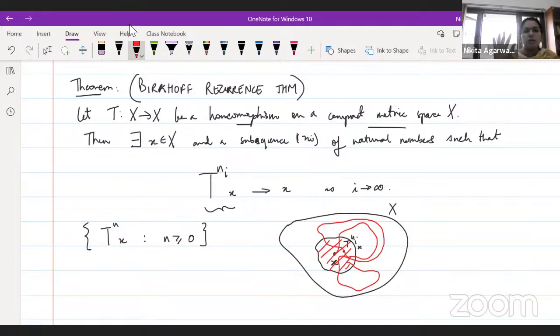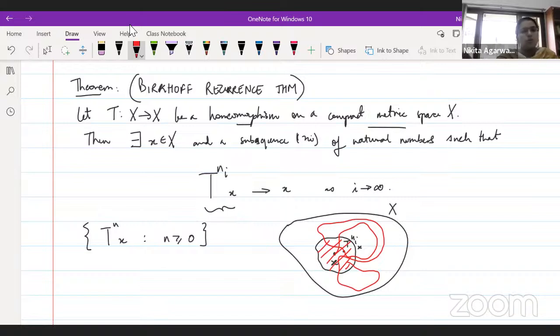And all you need is a homeomorphism on a compact metric space X. So if you look at the rotation map on the circle, the circle is compact, and the rotation map is a homeomorphism, therefore this should happen. So for the rotation map, there is a recurrence, which means that if you take the orbit of any point with irrational rotation, it's going to come back to it.